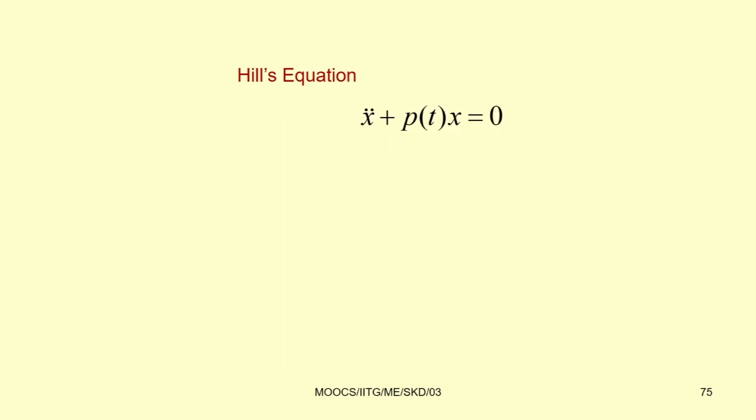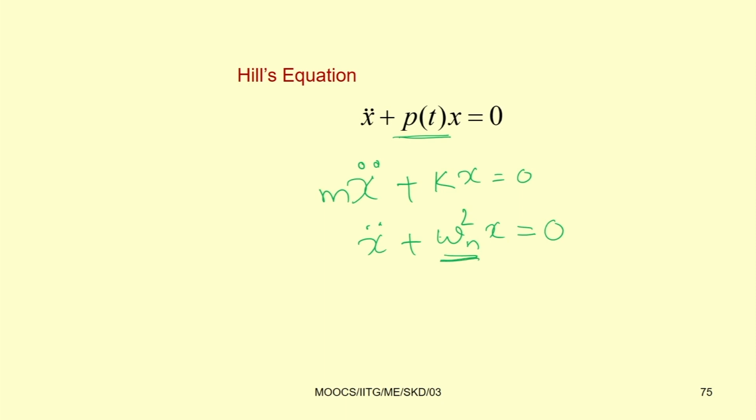Similarly, we have some other equations. Unlike the spring mass systems where we have written m x double dot plus k x equal to 0, or x double dot plus omega n square x equal to 0, here omega n square is a constant number.